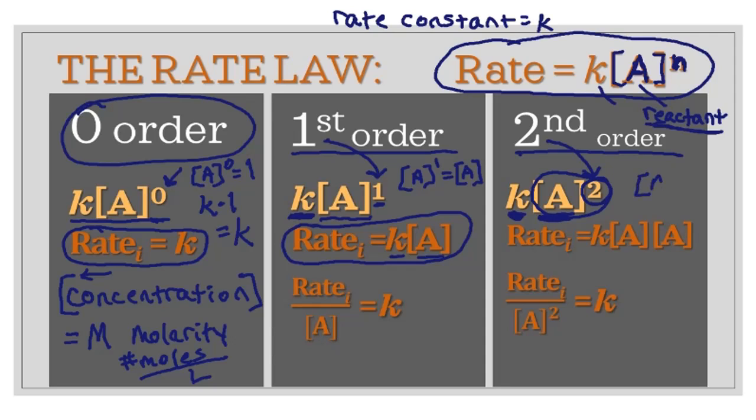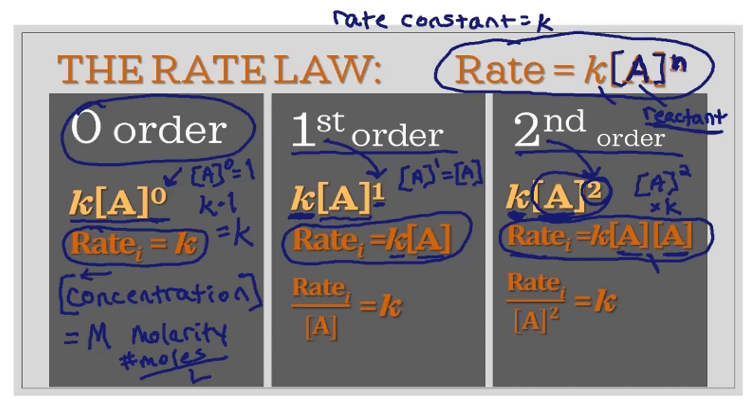Do the concentration of A raised to the second power, and then times k, the rate constant. So we have down here the initial rate equals k, and this is just a different way to write k times the concentration of A squared. The concentration of A to the second power is the same thing as the concentration of A times the concentration of A.